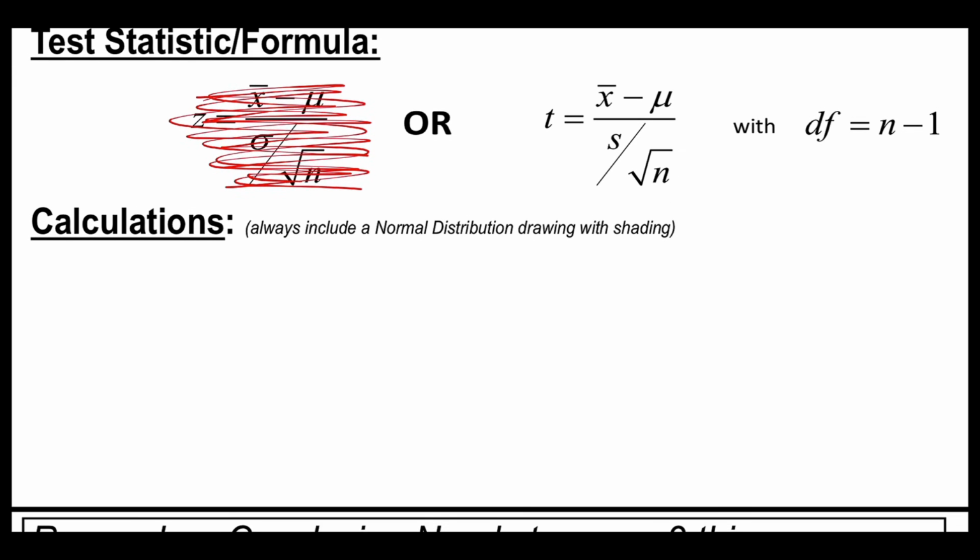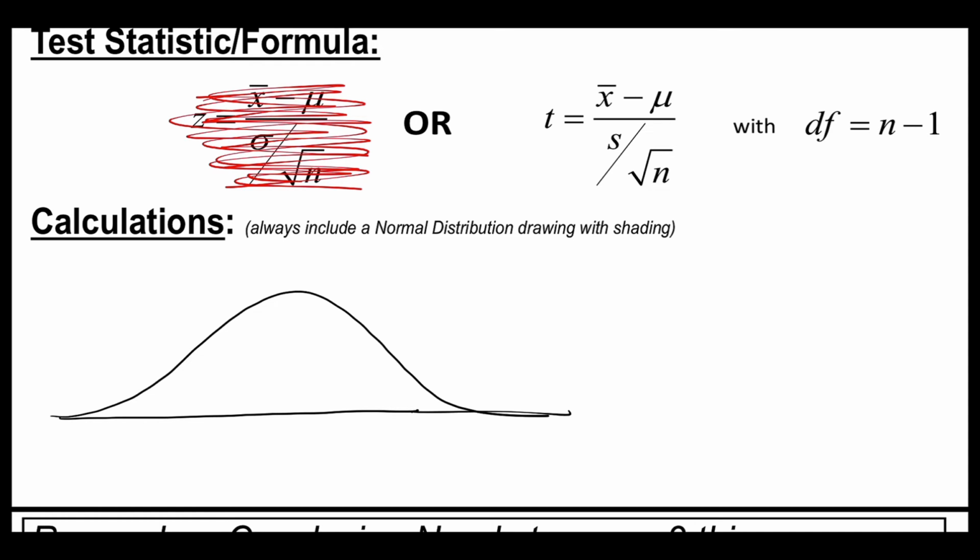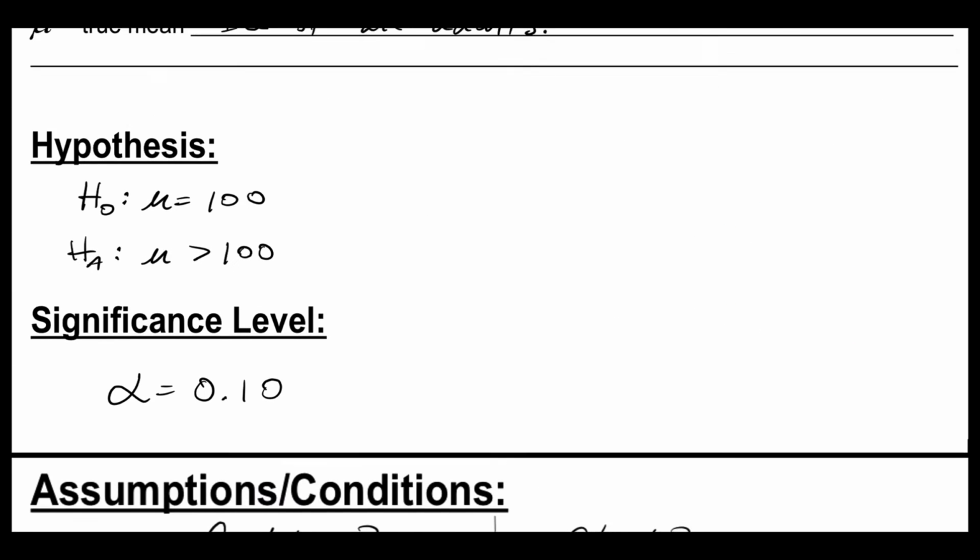Okay. Calculations. Draw the normal curve. What's the middle of the curve going to be? 100. Good. So we have that T equals X bar. Do we know what X bar is? We weren't given it, right? So we have to do a little bit of calculations here.